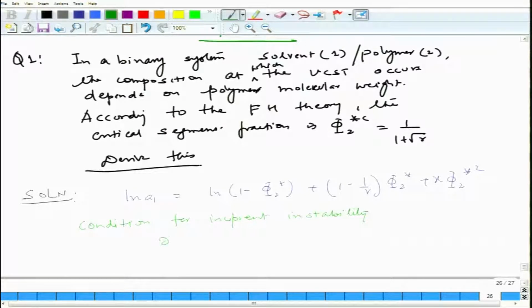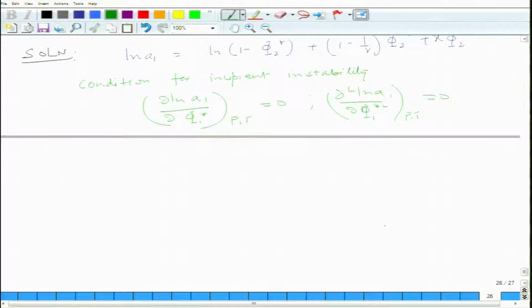This is going to be the derivative of ln A1 with respect to phi 1 equal to 0, and the second derivative also 0.